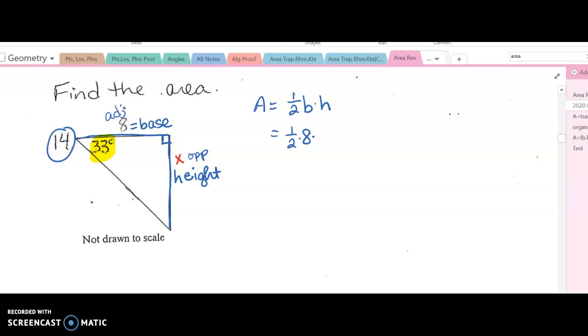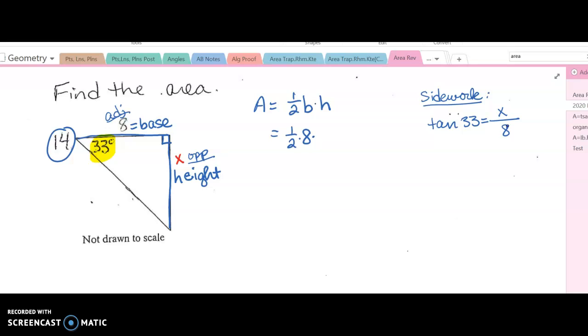So is that sine, cosine, or tan? When you use opposite and adjacent, that would be tan. So I'm going to go over here to my side work. Tangent of 33 equals opposite, which is x, over adjacent, which is 8. So then I'm going to go to my calculator. Tangent of 33. Whoa, I'm in radian mode. Give me just a second.